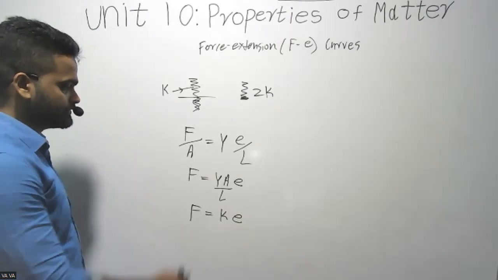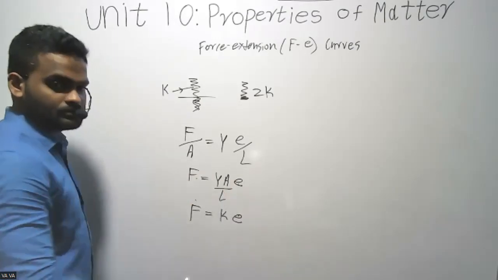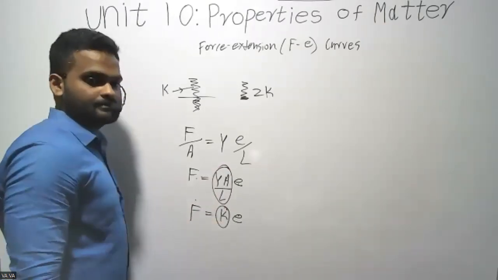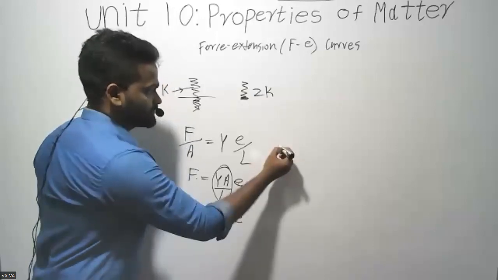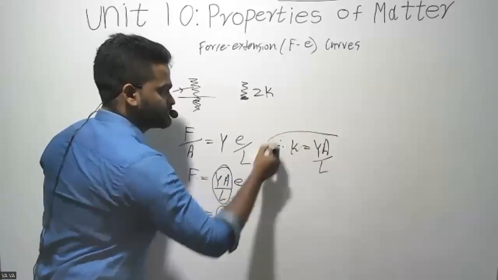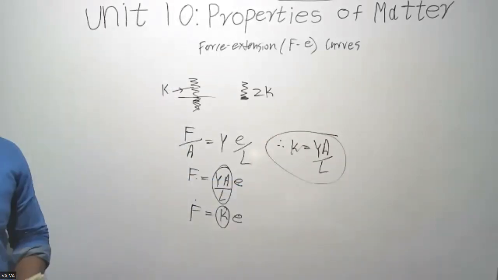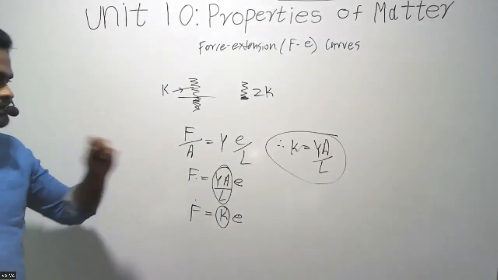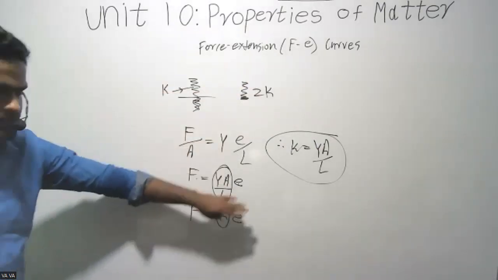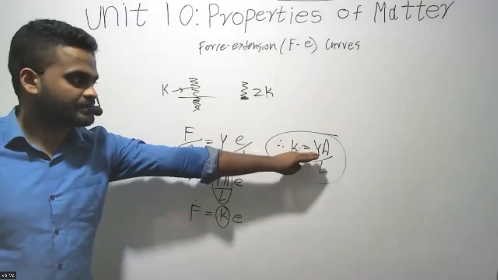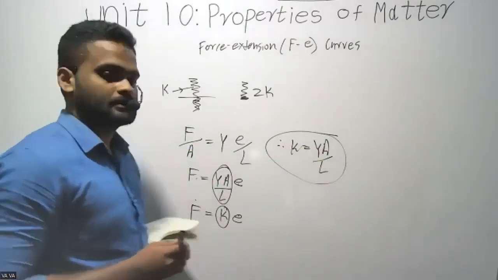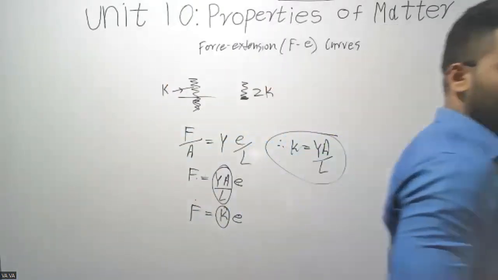So now, if you compare these two, this quantity should be equal to K. So K is proportional to YA divided by L. Take this down and write this: K is equal to YA divided by capital L.